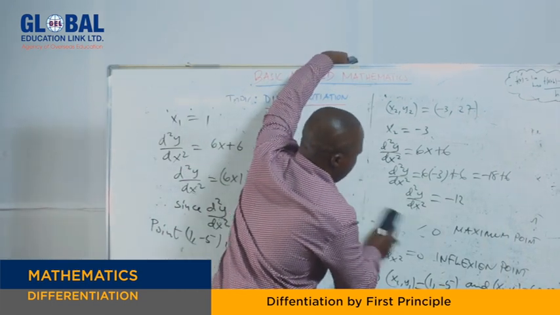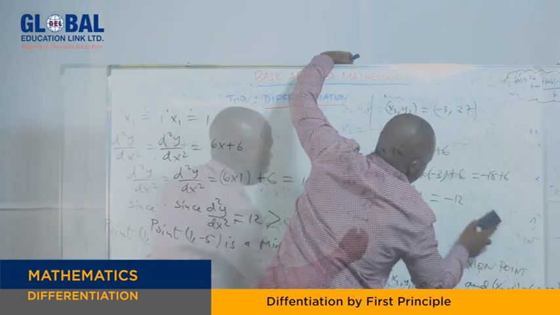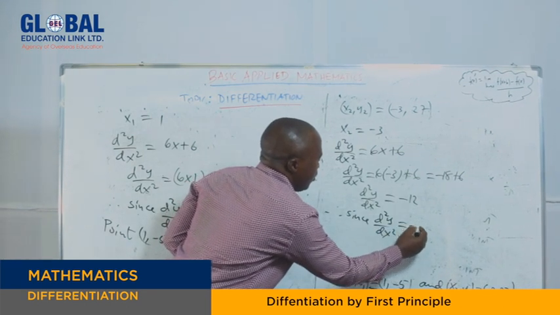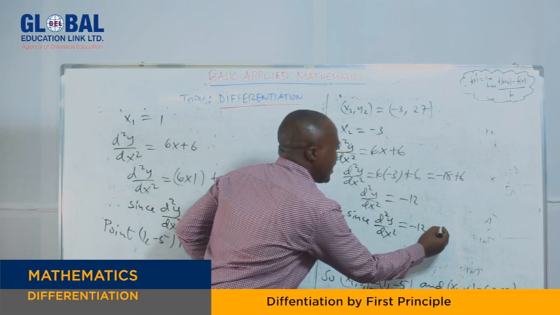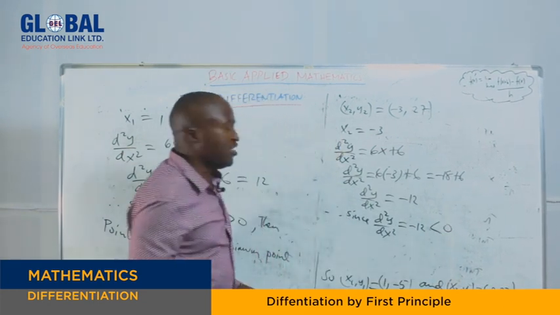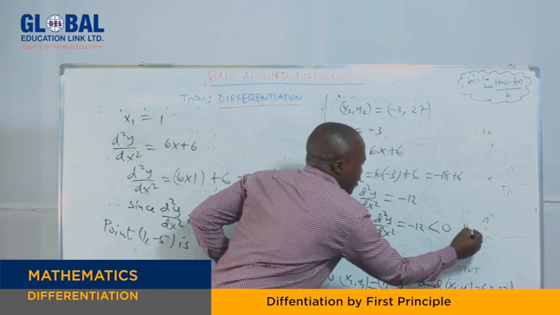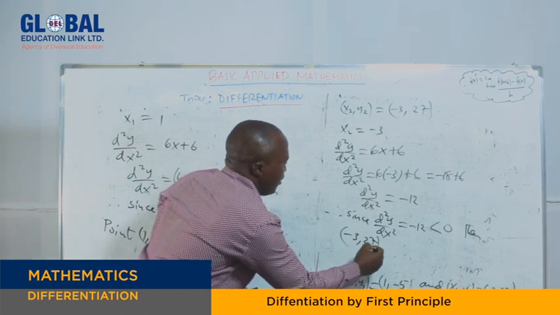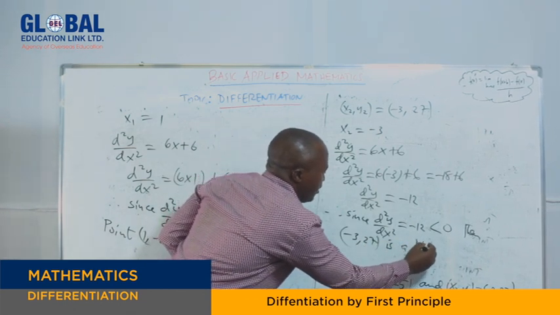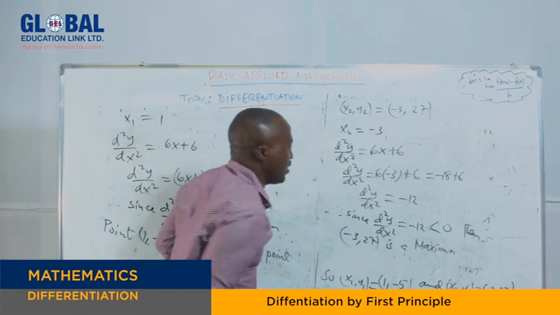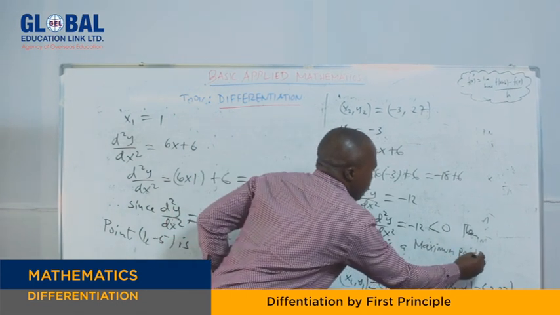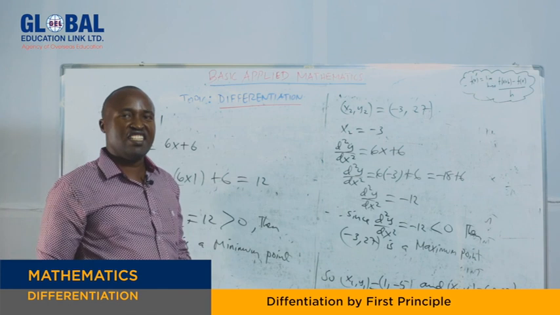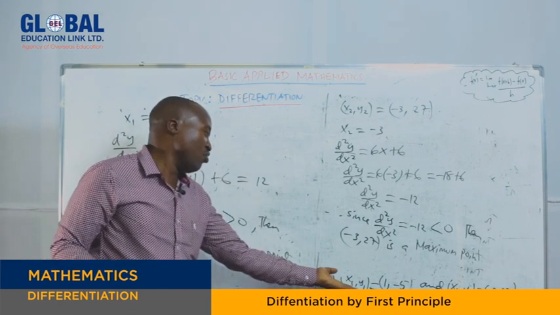Therefore, since the second derivative, d squared y over dx squared, is equal to negative 12, which is less than 0, the point -3, 27 is a maximum point. We don't have another point there, therefore we cannot proceed with testing, because our points were point 1 and point 2.